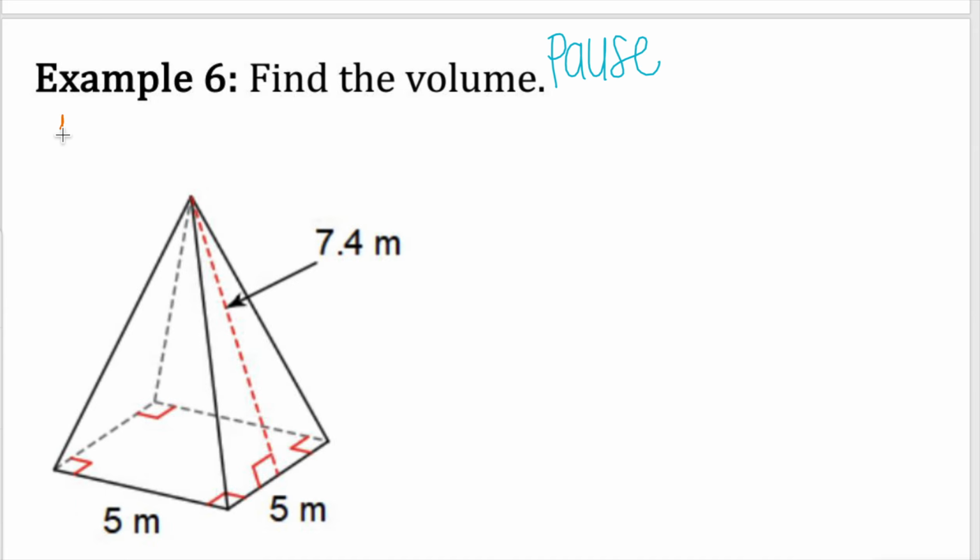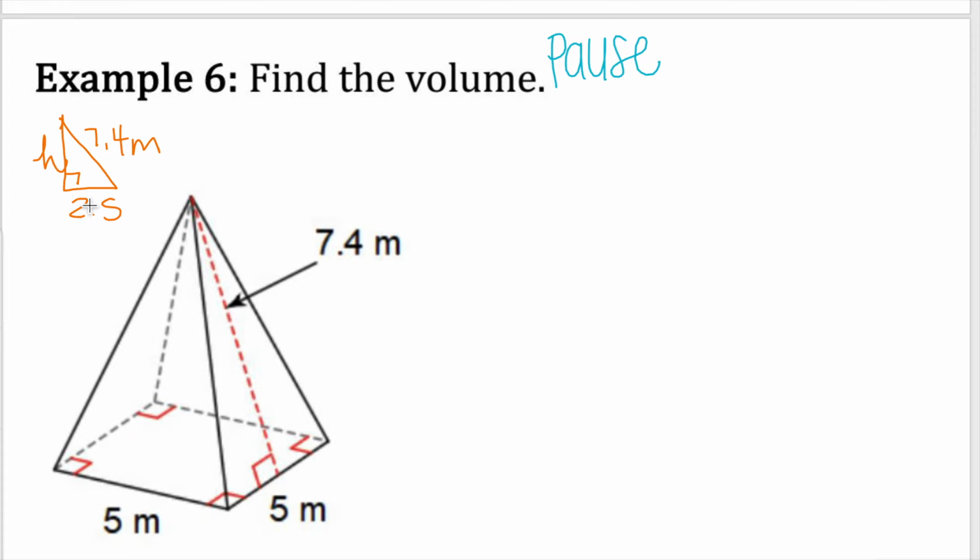All right, one thing we want to maybe picture is my slant height is 7.4 meters. I don't know my actual height, so I'll give that as an H. And then down here is the base. I'm cutting halfway through so that way we can maybe use that as 2.5. That would be one way to look at it.